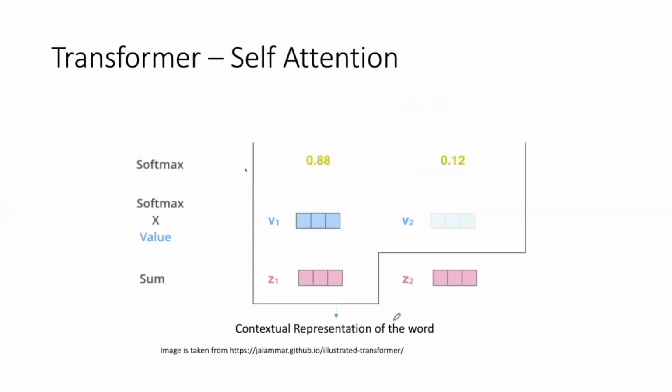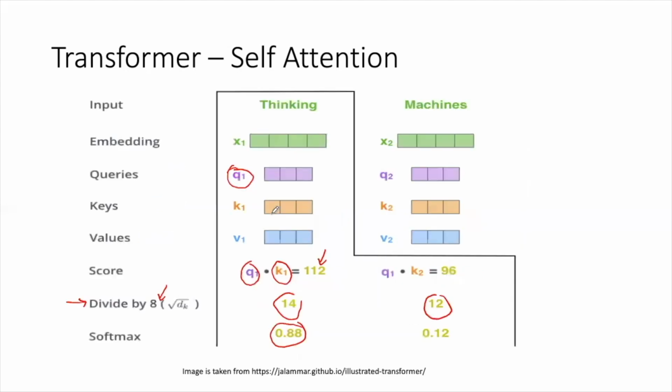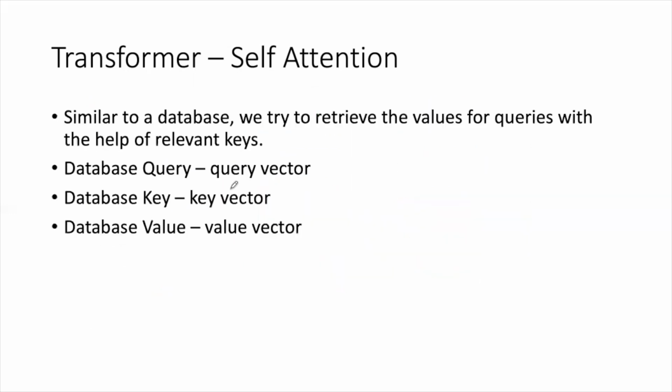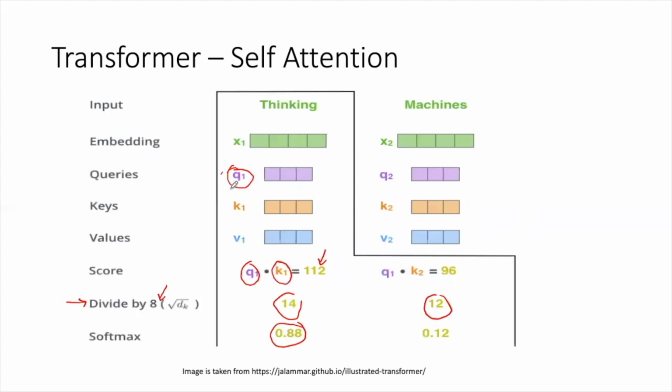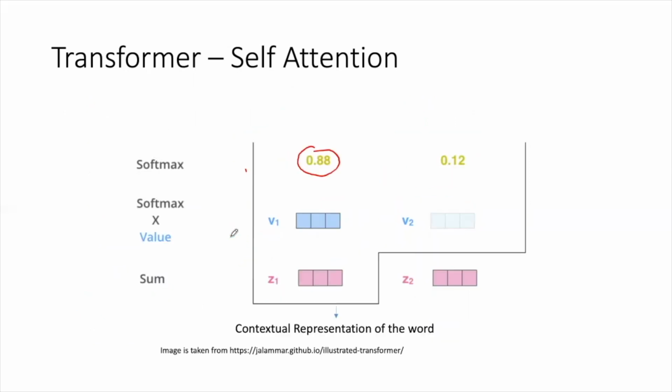So once we calculate the scores, our next step is that we multiply the scores with the value vectors. We once again saw that every word is associated with query, key and value vectors. So these value vectors that are present here, we multiply those. We do a scalar product of this value vector with the score.